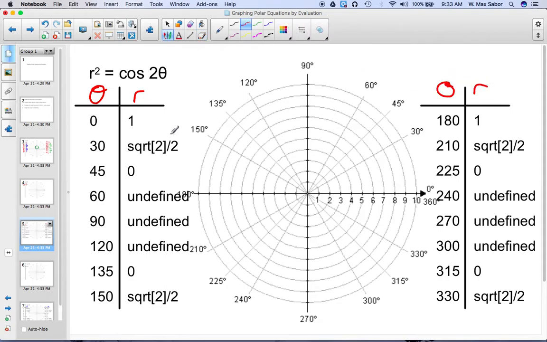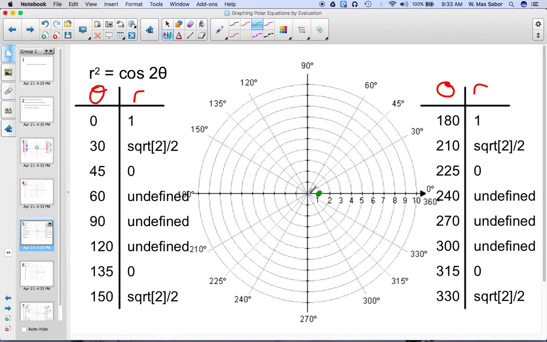Rather than having you see me walk through substituting in all these values, I've typed them out for us. But essentially, all I did was I plugged in 0, I evaluated, and then I took the square root of both sides to find out what r would be. So 1, 0.